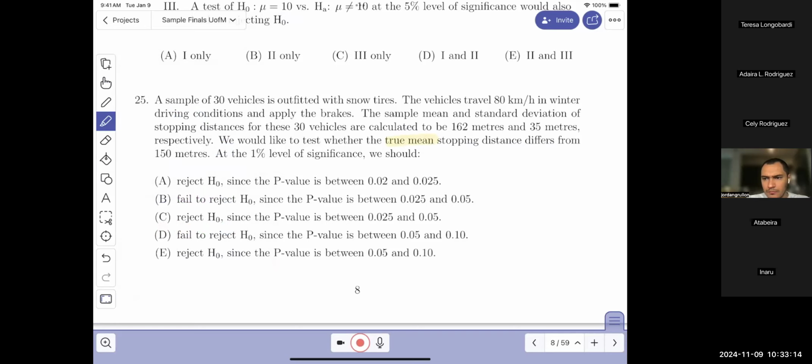So it's a test about mu, the true mean. And the question is, do you have the population standard deviation? Sigma is not known. Okay, so we have to use number 5 again.